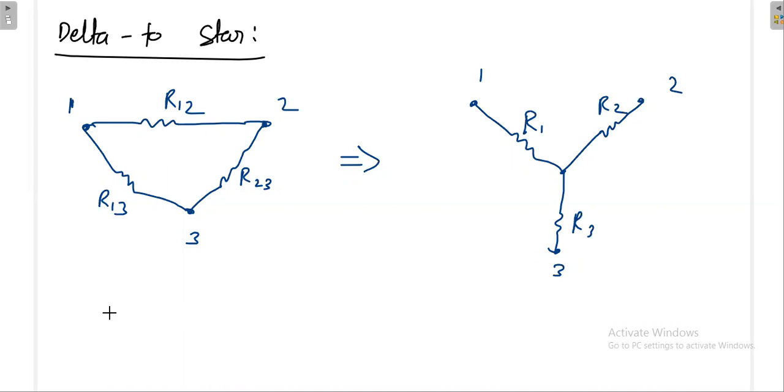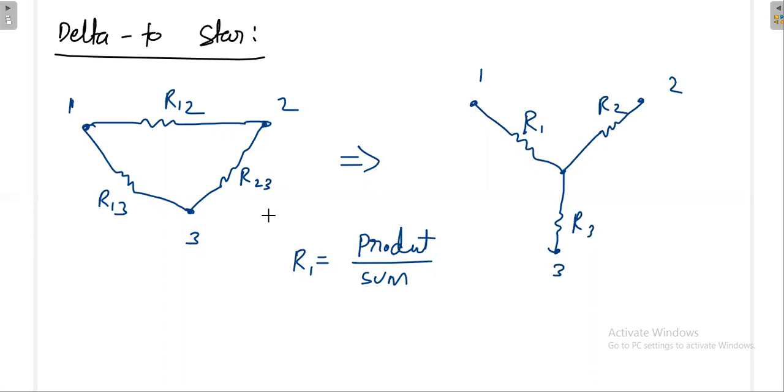Here the simple formula, if you want to know R1, is product divided by sum. Again, you have to know exactly what sum means.